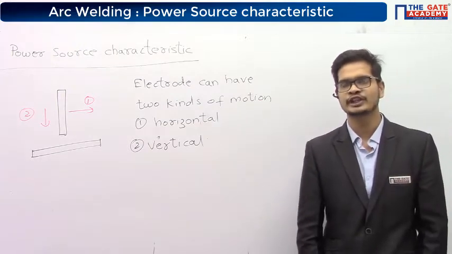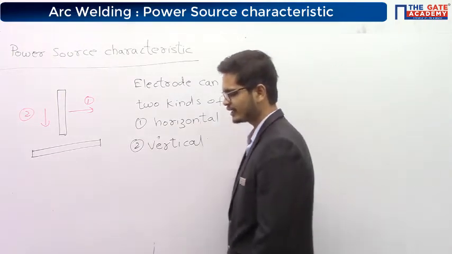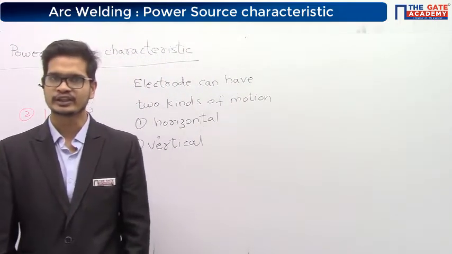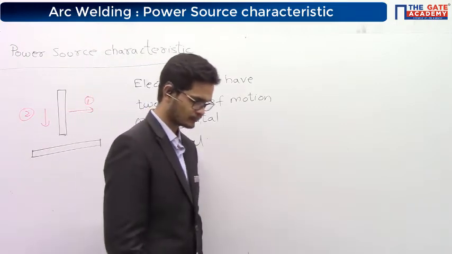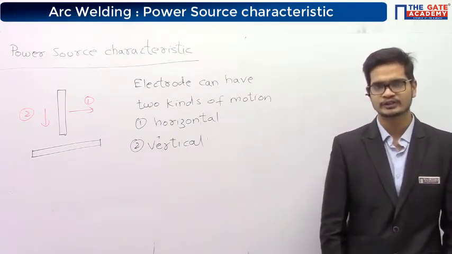And if one motion is controlled manually, and the other is controlled by a machine, it is called semi-automatic welding.